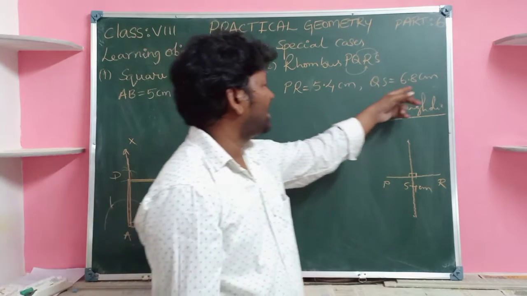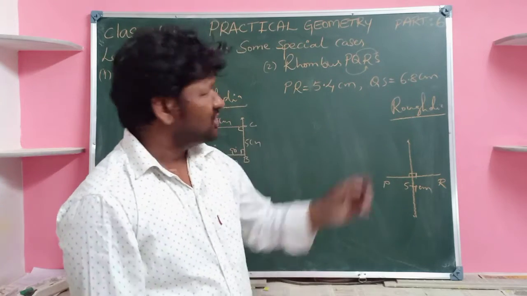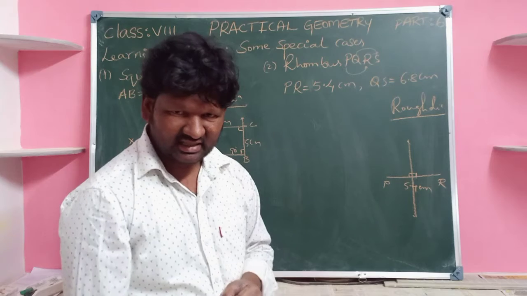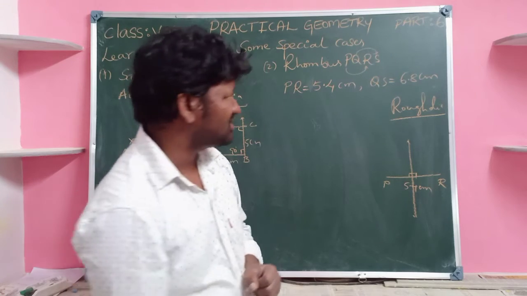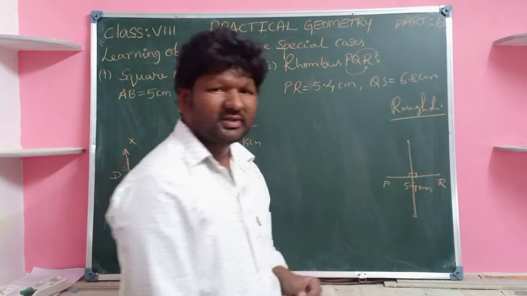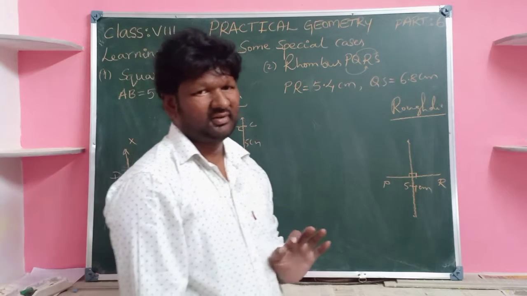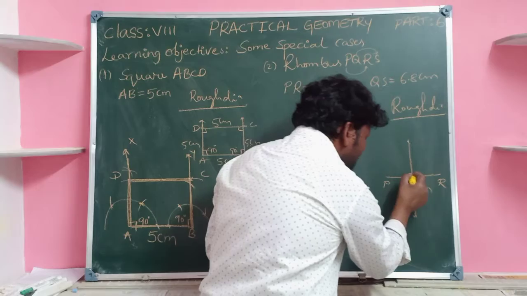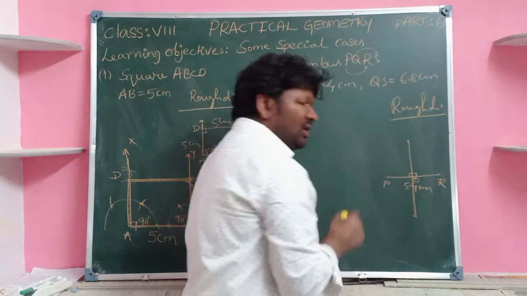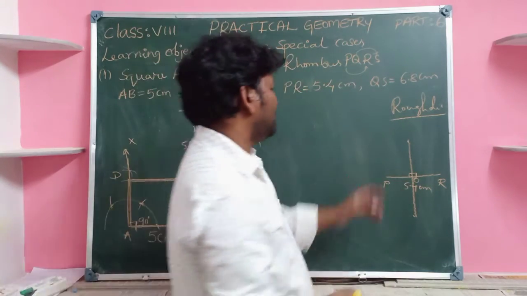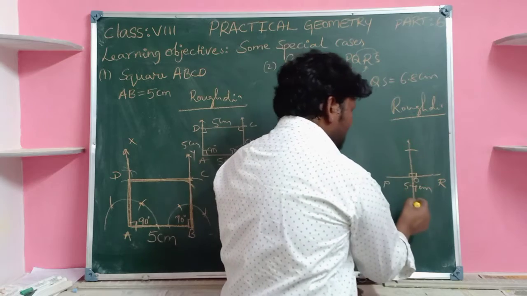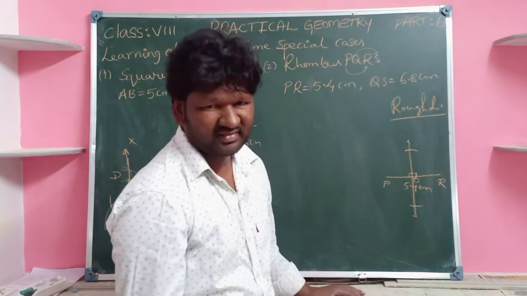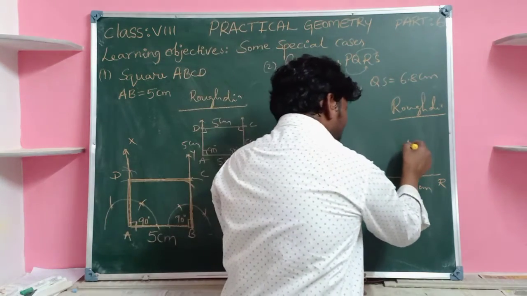Then another diagonal is 6.8 centimeter. So half of 6.8. Half of 6.8 is how much? 3.4. Half of 6.8 is 3.4. Now take this intersecting point with some name O and take O as the center with 3.4 centimeter radius. Draw arcs on either side. Then join these points.